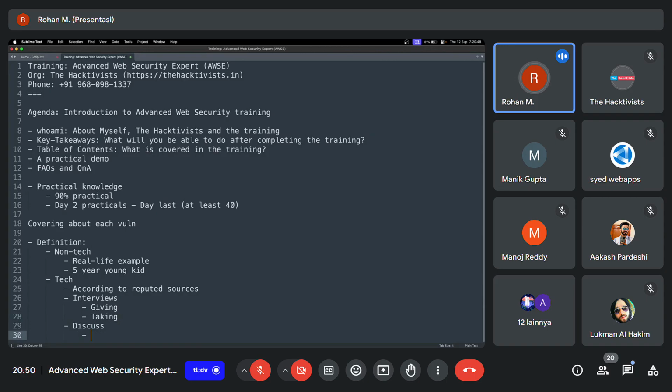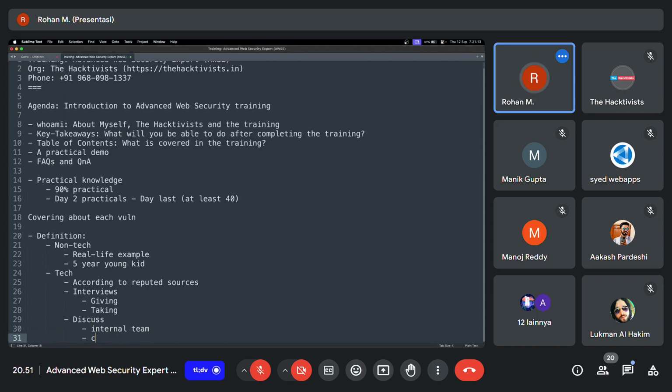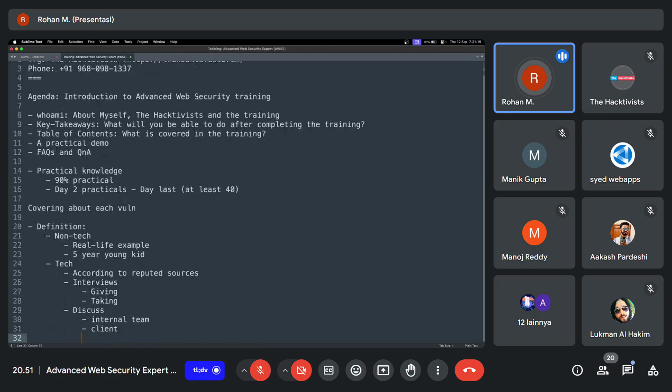Considering that you are not going to any conferences, you are just discussing this internally with your team members or with the technical team of your client, you need to talk in terms that they understand. You and them need to be on the same page, internal team or client. So for that reason, we will also be discussing the technical definition.